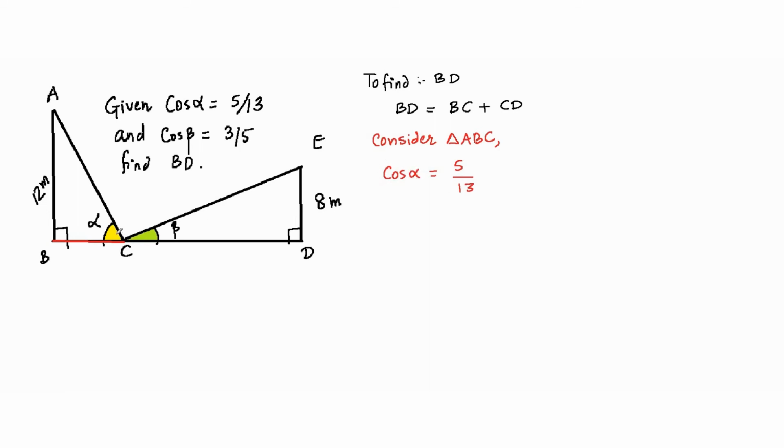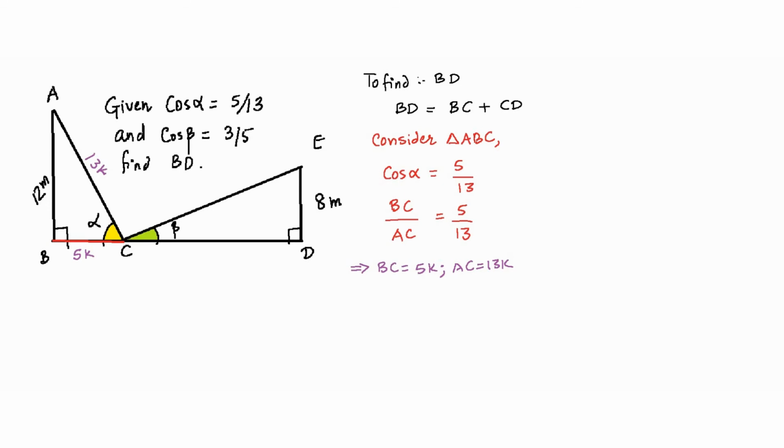Cos is basically the adjacent side divided by the hypotenuse, which means the adjacent side to alpha is BC. So BC divided by the hypotenuse AC is going to be 5 upon 13. And because the ratio of these two sides is known, I can say that let BC be equal to 5K and let AC be equal to 13K. That means this side is 5K and this side is 13K.